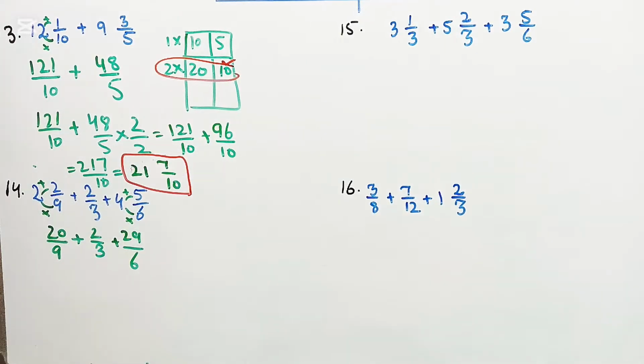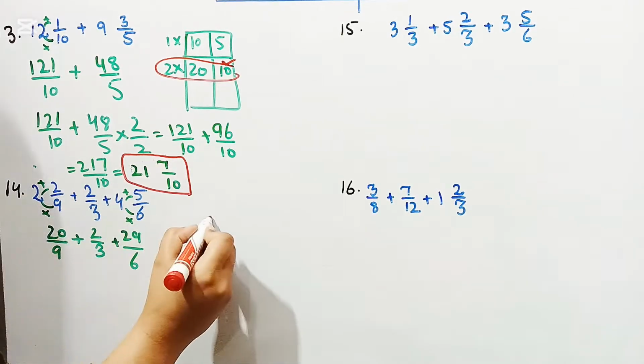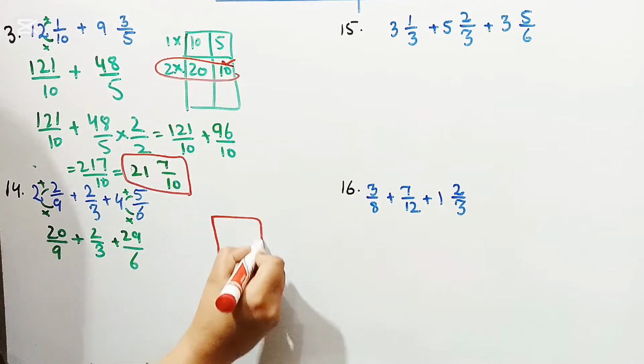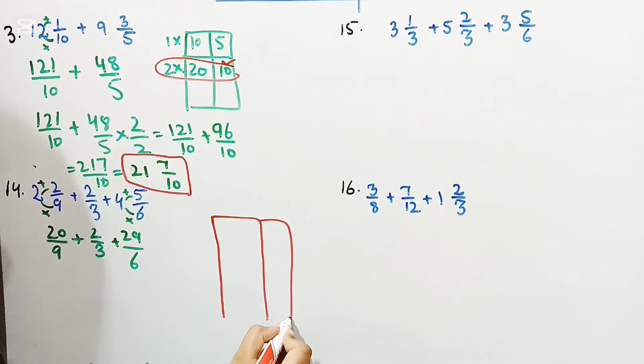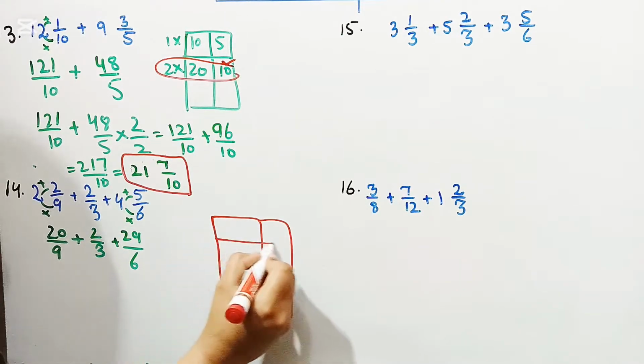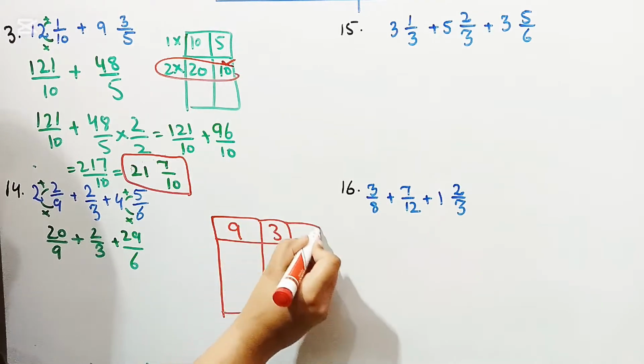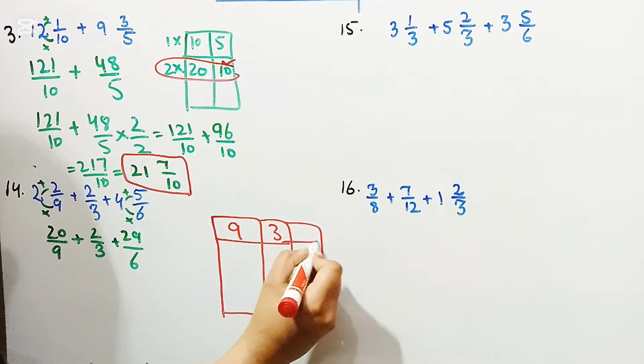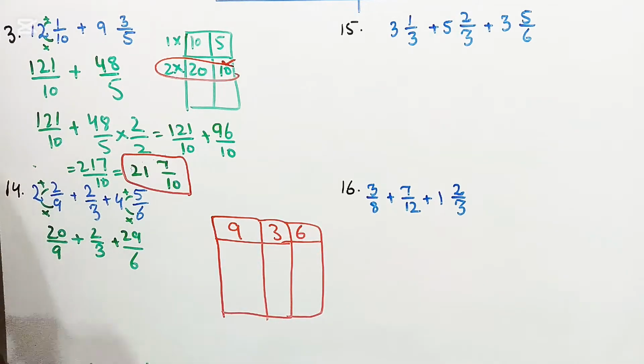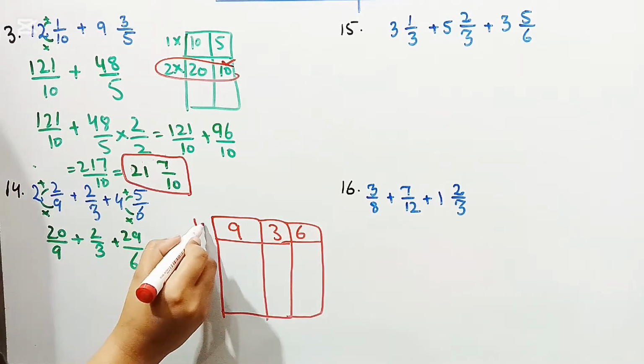Now we see their multiples. 9, 3, 6. We multiply with 1.